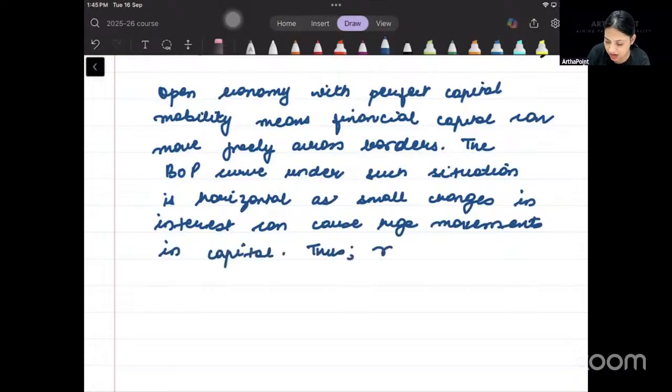Thus, r is always equal to r star. That means the interest rate in your country is always equal to the interest rate in the world.